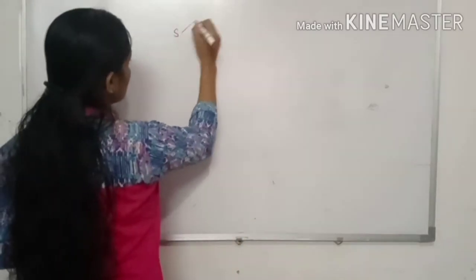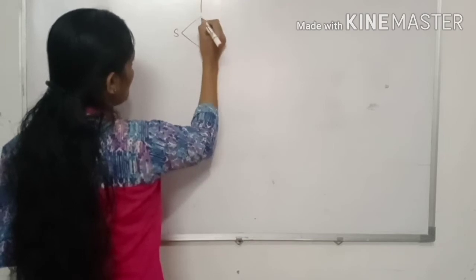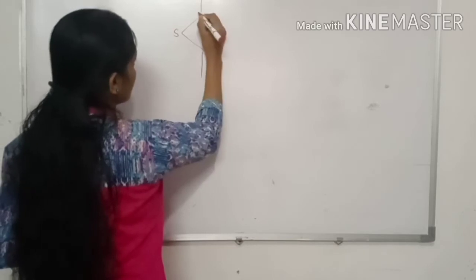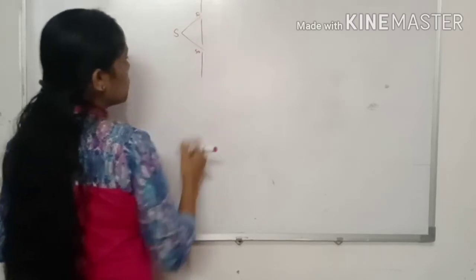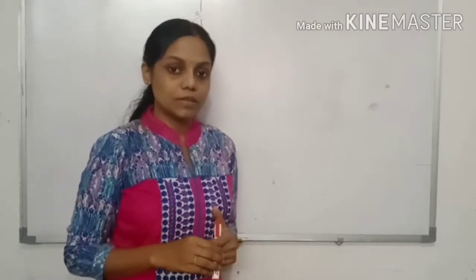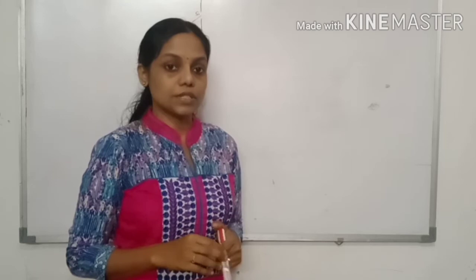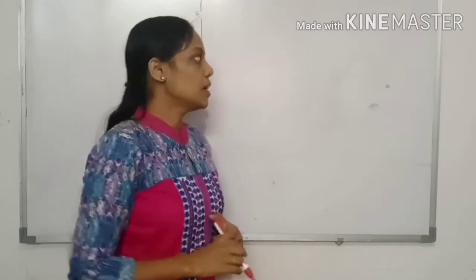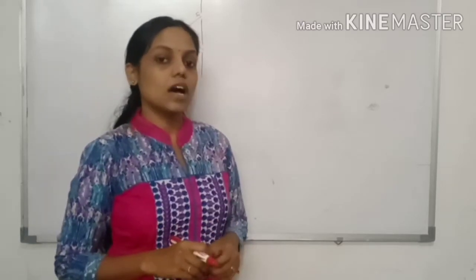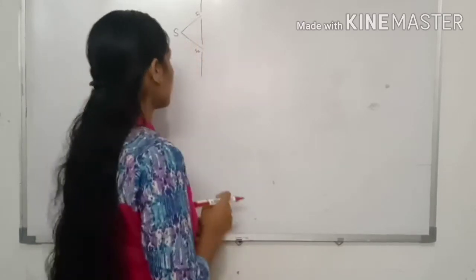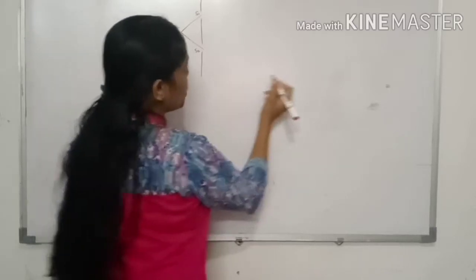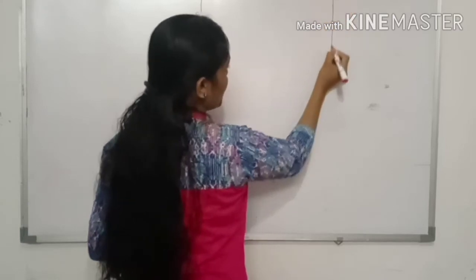You have a source here, and two slits here. Let us call them S1 and S2. The dimension of S1 and S2 is a few millimeters or less than a millimeter. S1 and S2 are equidistant from the source S. Here S is a monochromatic source, and you will have a screen here.